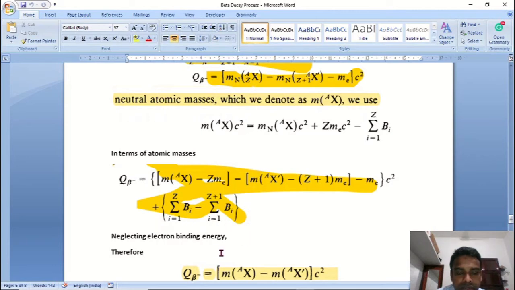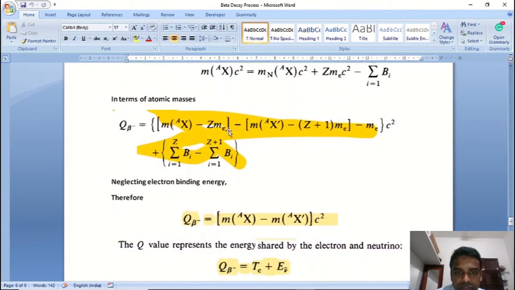When we neglect the electron binding energy, we can write, try it yourself: ZME cancels, plus ME plus M minus ME cancel. These cancel each other. And finally we will get Q beta minus equal to, this expression is in terms of the neutral atomic mass, mass of AX minus mass of AX prime into C square.